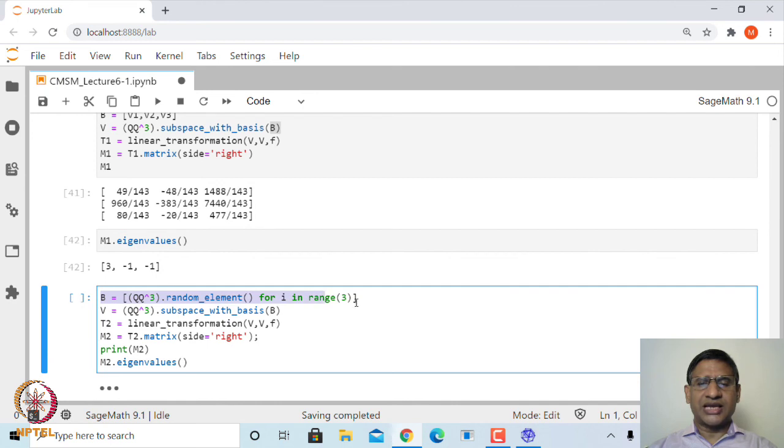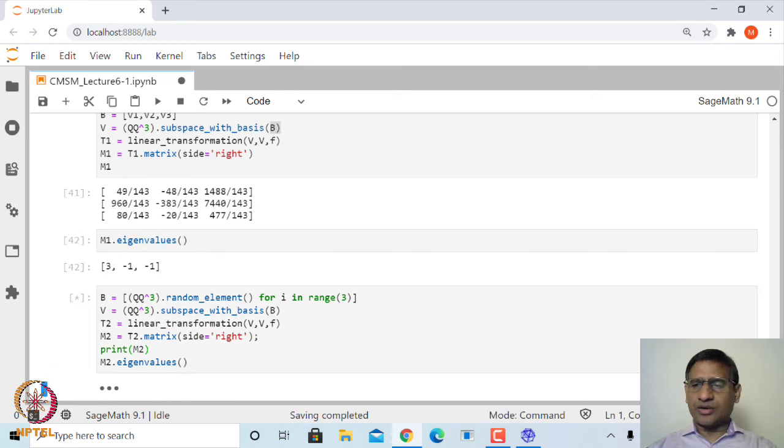Similarly, I can take any random 3 vectors, and usually they will form a basis, and let us assume that they form a basis. Then define the subspace with basis B, and define a linear transformation from V to V with the same image F, and define the matrix M2 of T2 with respect to this basis, and then let us find out what the eigenvalues will be.